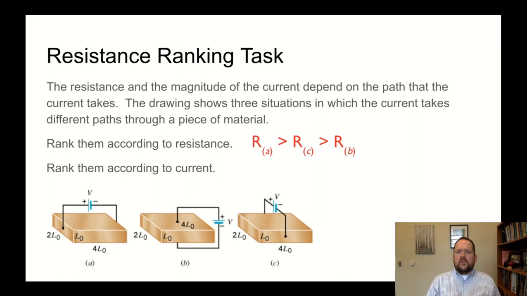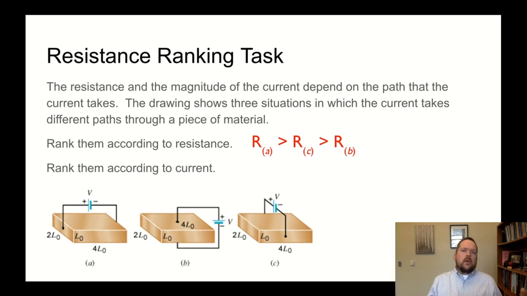And that means the resistance of A is going to be the greatest, resistance of B is the one that's in the middle, and C, with the shortest length and the greatest surface area, is going to be, or rather, C is the middle and B is the least resistive in these 3.